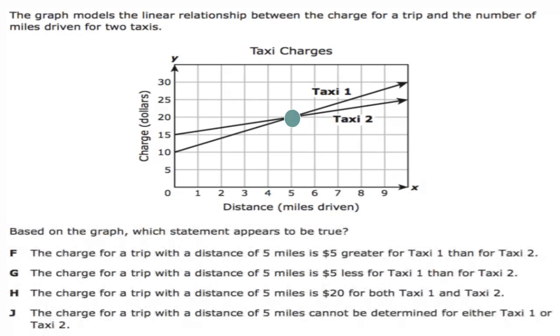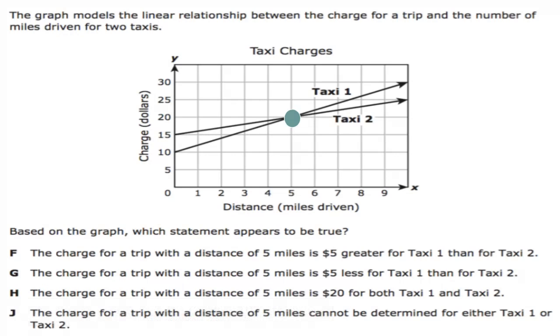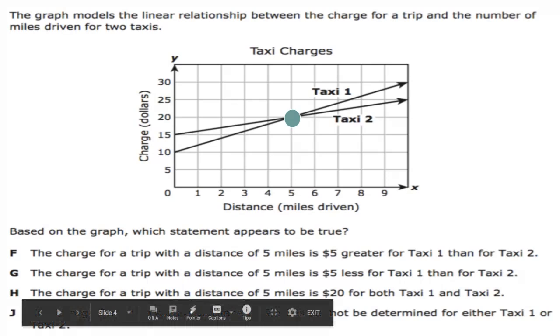So when given my answer choices, based on the graph, which statement appears to be true, I have more information when answering my questions. For example, answer choice F says the charge for a trip with a distance of 5 miles is $5 greater for taxi 1 than for taxi 2, and that's not true.